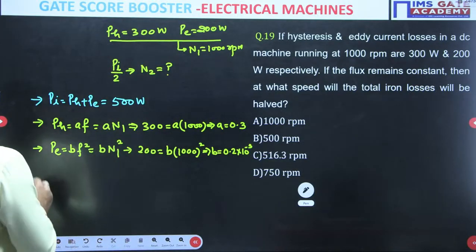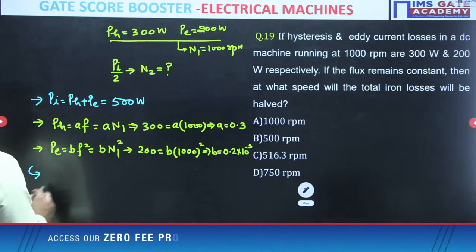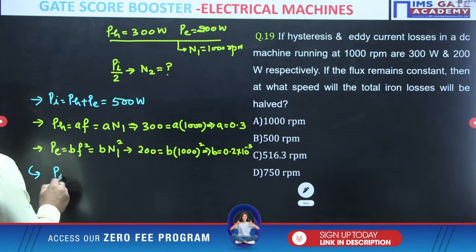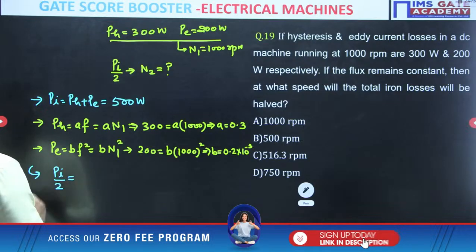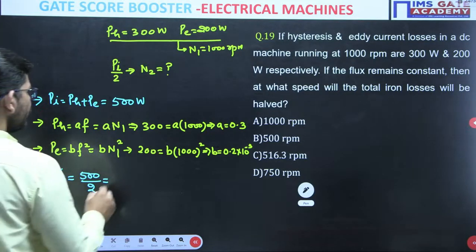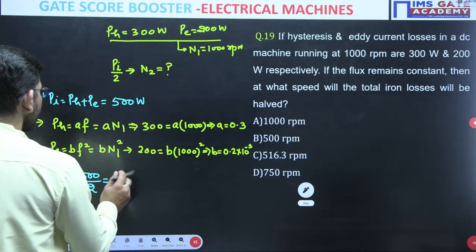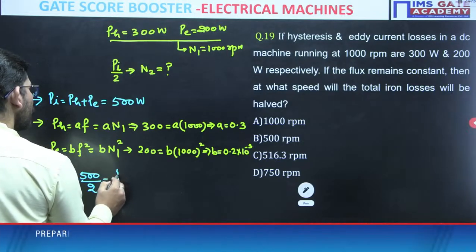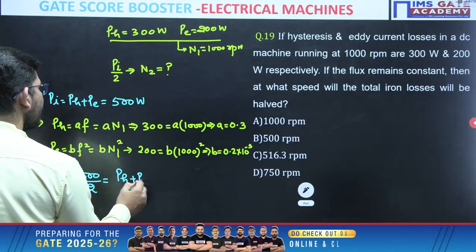Now in the second condition, they are saying that iron losses become half. Total iron losses were 500, so now they become 250. Then what will be the speed? Again we apply that total iron losses are hysteresis plus eddy current losses.